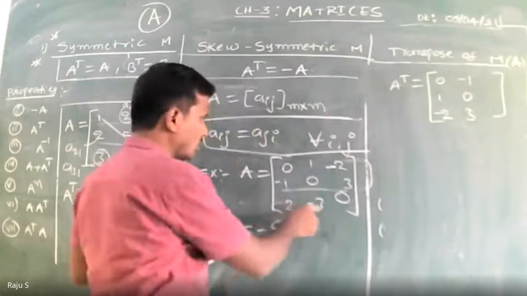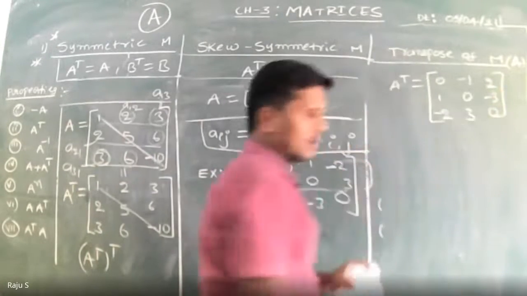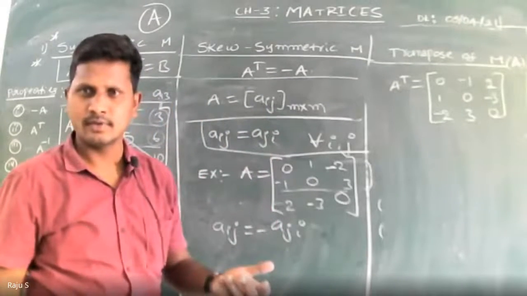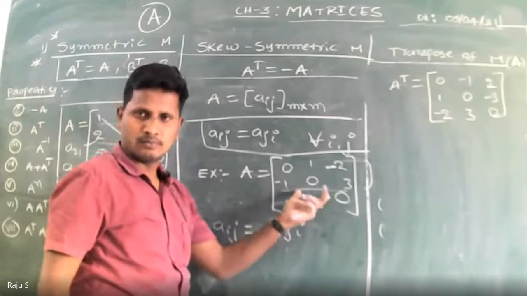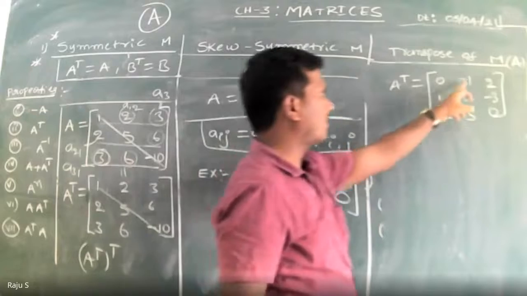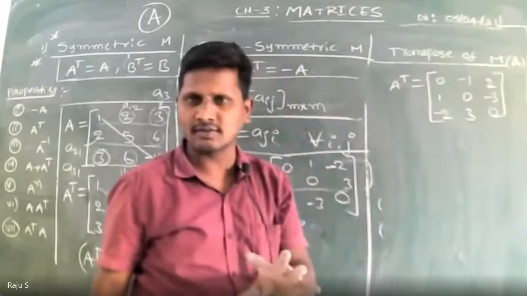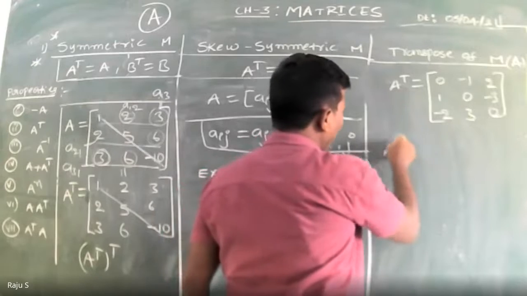And the third row: 2, minus 3, 0. Clear? Now, is it equal to the given matrix? No, it is not equal, because here is plus 1 and here minus 1, the corresponding elements are not the same.